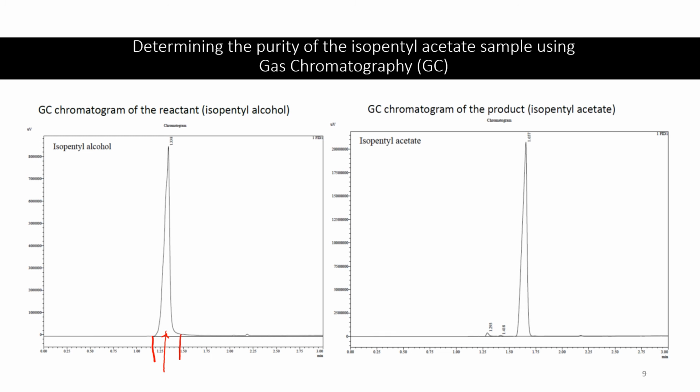Then we get a GC for the product isopentyl acetate, and we can see that same peak appearing between 1.25 to 1.5 minutes. So this little peak here is isopentyl alcohol, and the big peak represents isopentyl acetate.